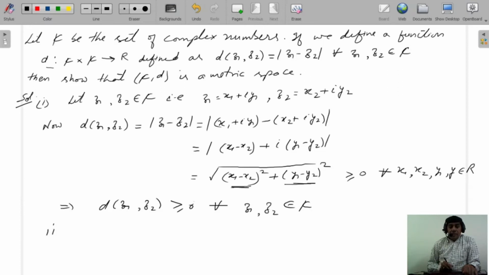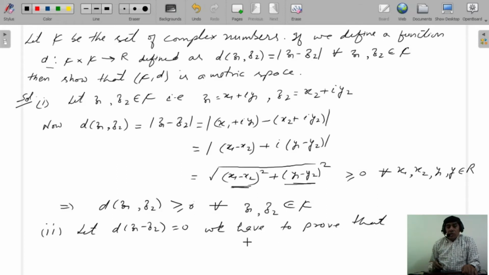Second, let d(z1, z2) is equal to 0. We have to prove that z1 is equal to z2.